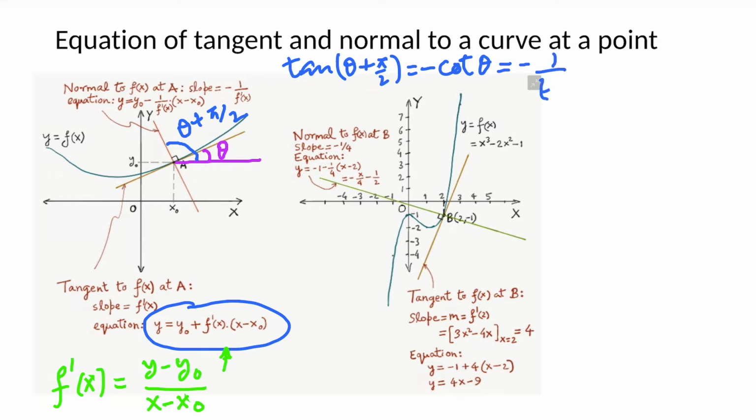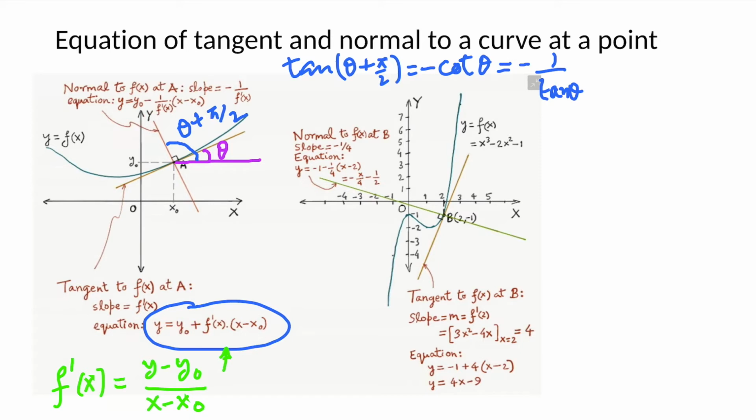So minus cot theta is minus 1 by tan theta. And that's how we get this slope of the normal. That's minus 1 by f prime x, because f prime x is nothing but tan theta, the slope of the tangent. So the slope of the normal would be minus 1 divided by the slope of the tangent. And that's what we plug into the equation of the straight line here to get the equation of the normal.